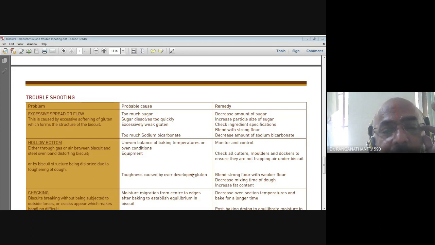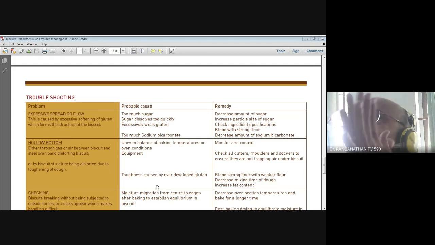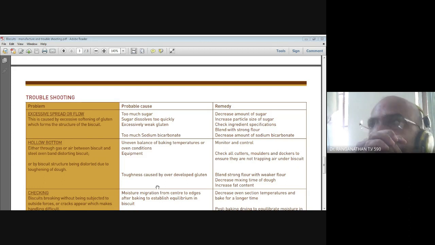So toughness is caused by overdeveloped gluten. Again, one more thing is that you should not allow the gluten to develop, or else you have to immediately keep it for baking. In some cases, of course, we'll see. Again, as I said, once you come here, you'll come to know. In the case of some of these hard dough biscuits, what we do is keep the dough for sort of proofing.